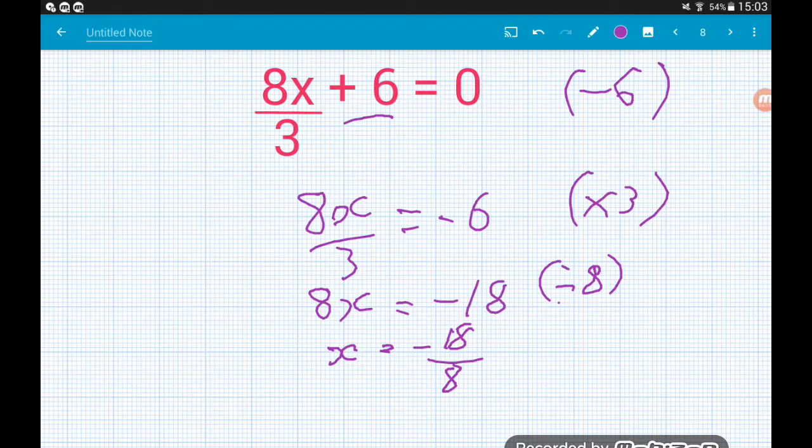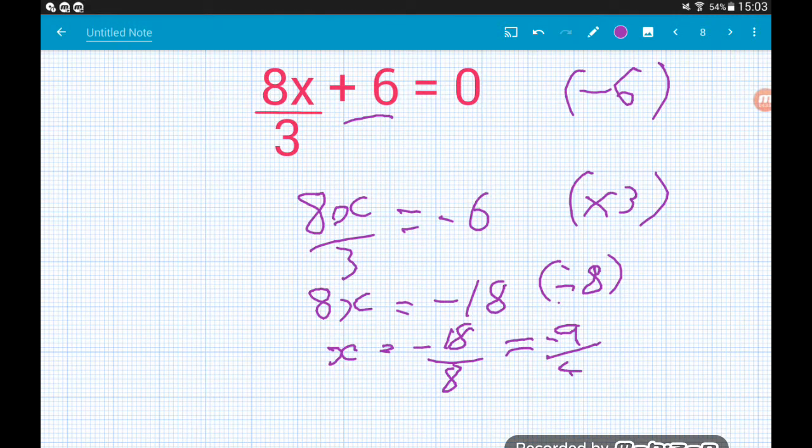Now again, there's nothing wrong with leaving your answer in terms of a fraction, but where you can, you always want to simplify them. So here, between the top and bottom, we've got a common factor of 2. So 18 over 8 can be written as 9 over 4. But it's a minus 9 over 4 because we've got minus 18 over 8.